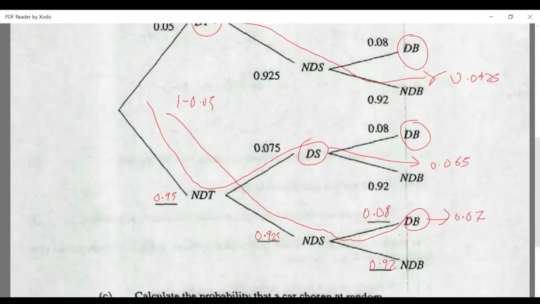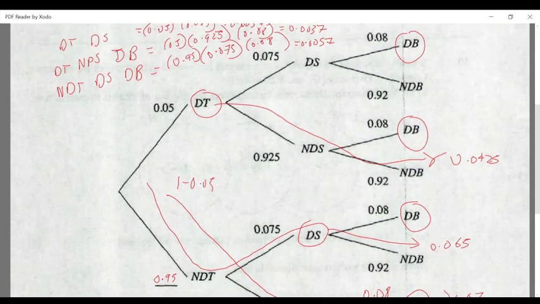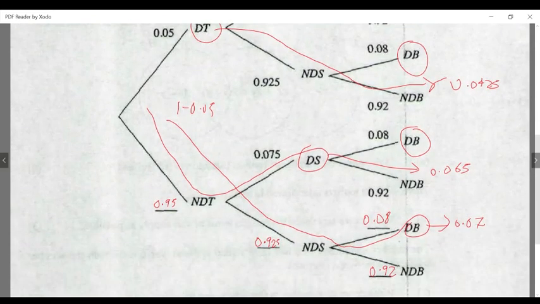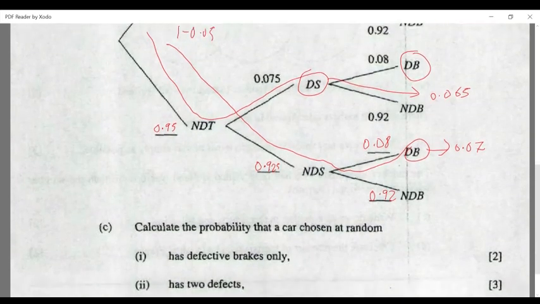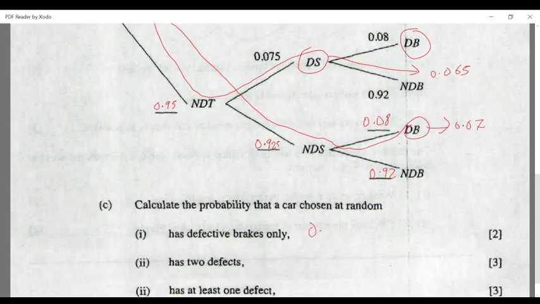So it should have no defective tires, no defective steering, no defective brakes, or just defective brakes. Since all of these different routes provide some other defect, it will then be this times this times this. So the answer seems to just be 0.07 based on what I have written down.